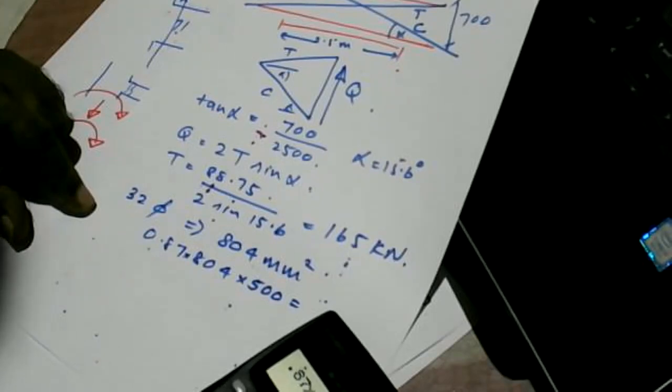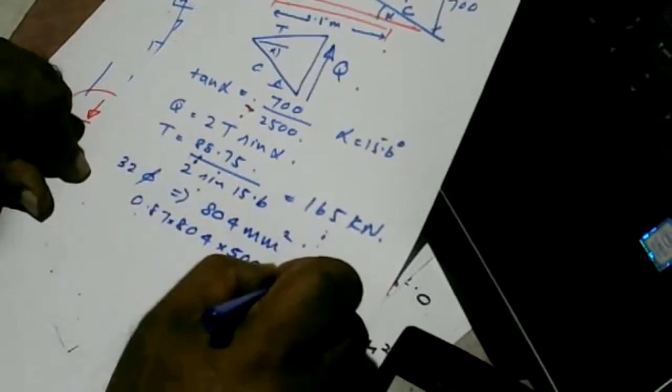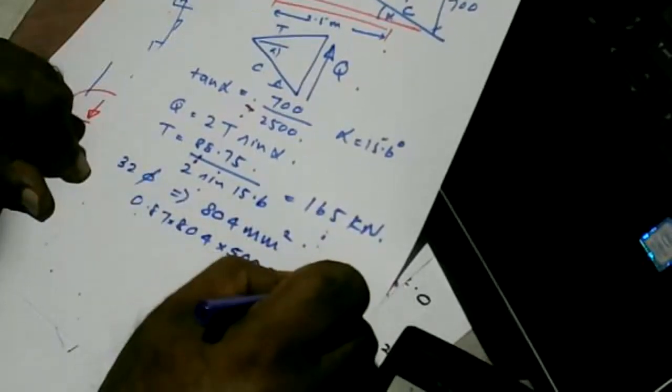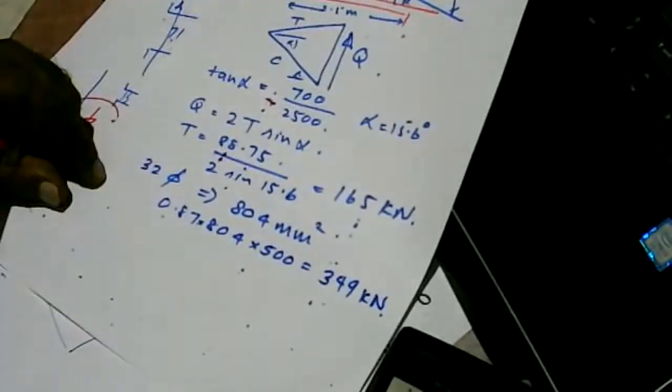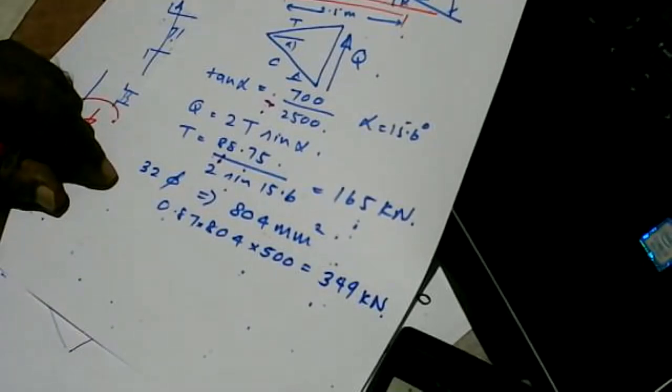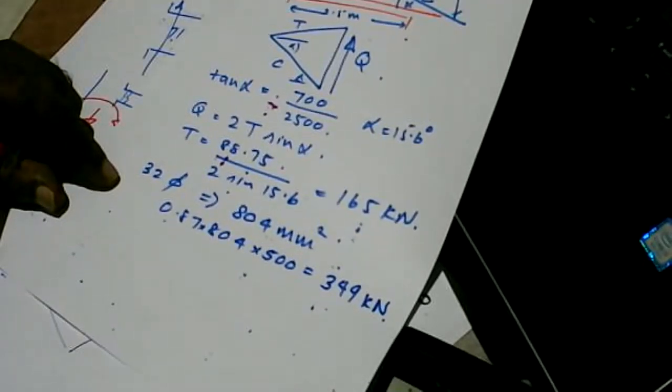So it can carry a load of 349 kilonewtons. So we can actually provide a 32 diameter bar diagonally, so that this bar will be able to resist the shear that is transferred from the wall to the coupling beam.